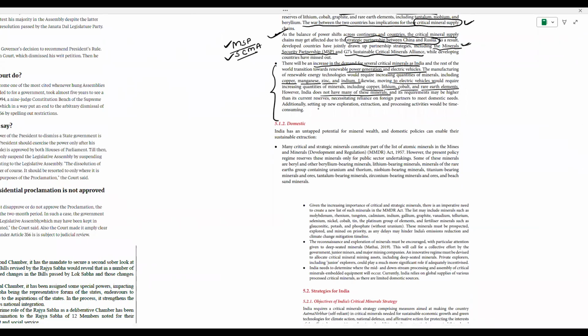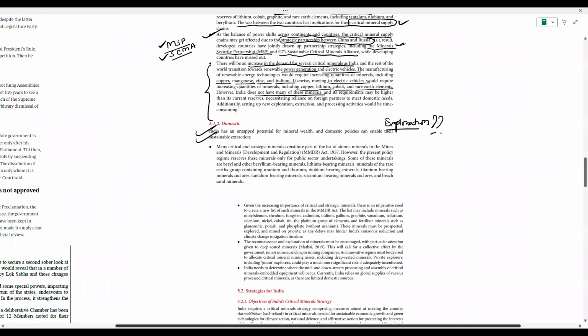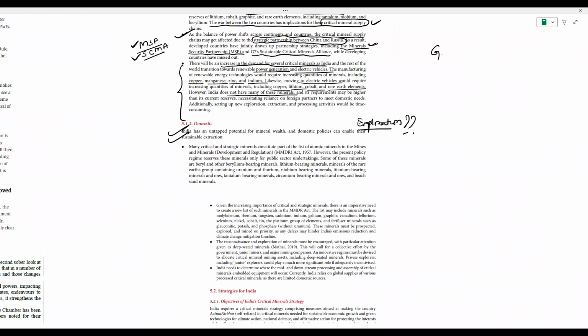And domestically also, India should try exploration. Why should India try exploration? Can anyone tell me? Guys, now let me give you a geographical perspective.